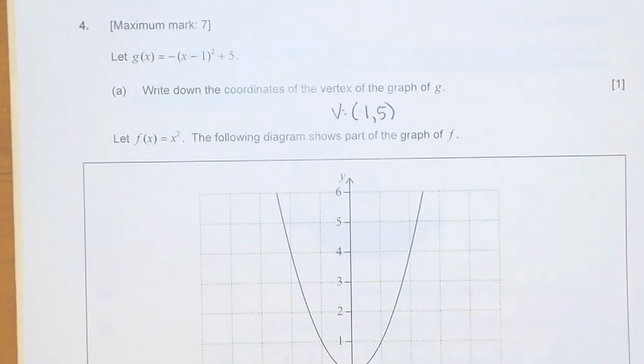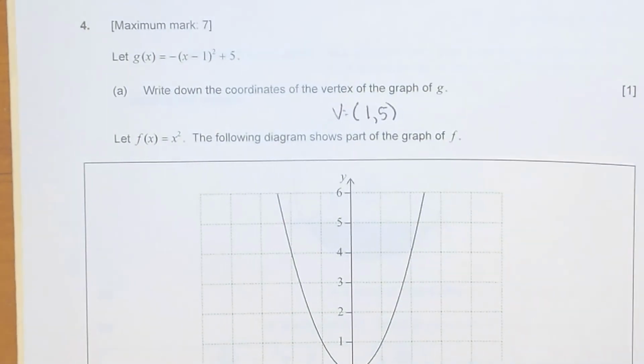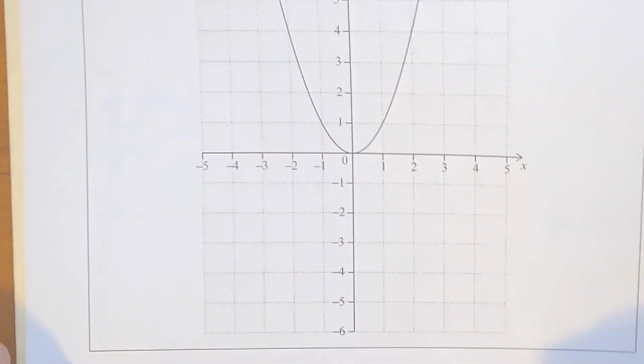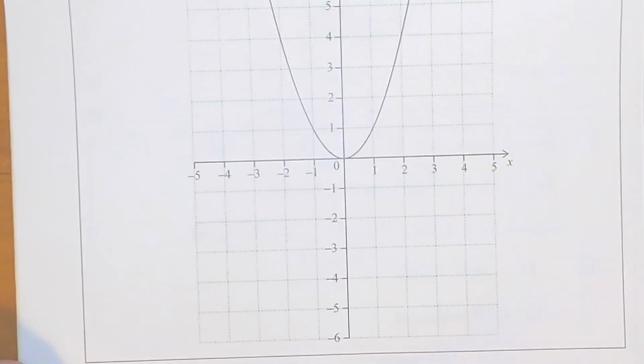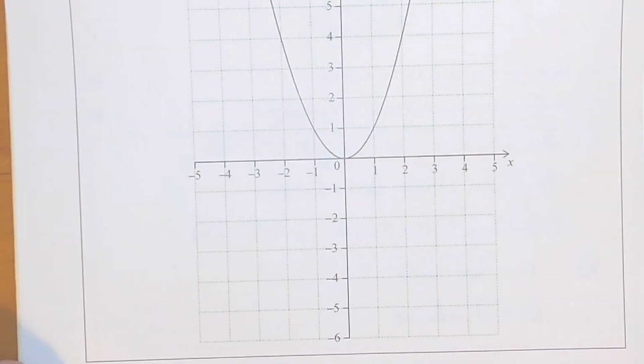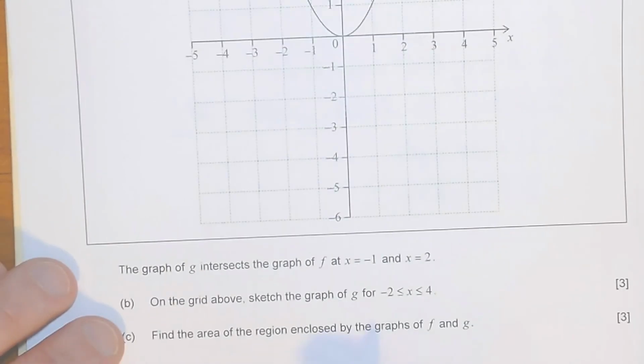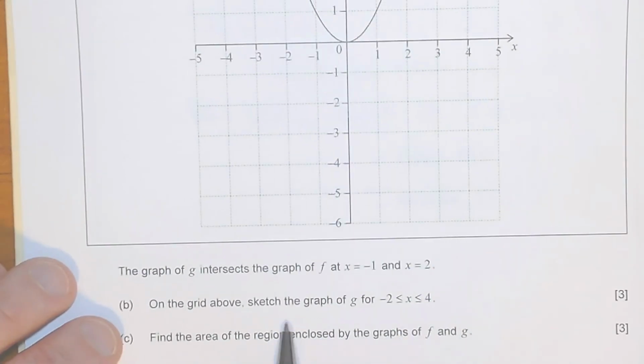Then it says let f of x equal x squared, and there is the graph right here shown below. And it says the graph of g intersects the graph of f at x equals -1 and 2, and we're supposed to sketch the graph for g between -2 and 4.